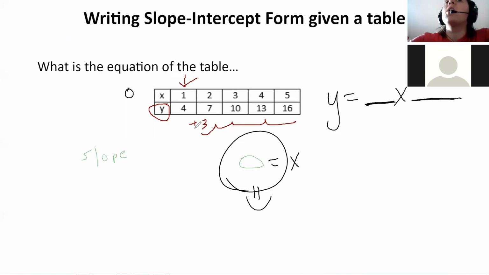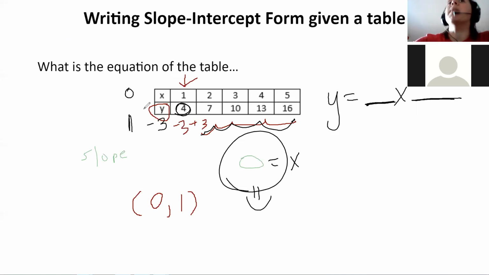The numbers are changing by 3 every time. So if I want to figure out what y is when x is 0, I would just have to take the y value when x is 1 and subtract 3. That tells me my y-intercept is 1. So at the end of my equation, it would be plus 1, because that is my y-intercept. That's where my graph crosses the y-axis.